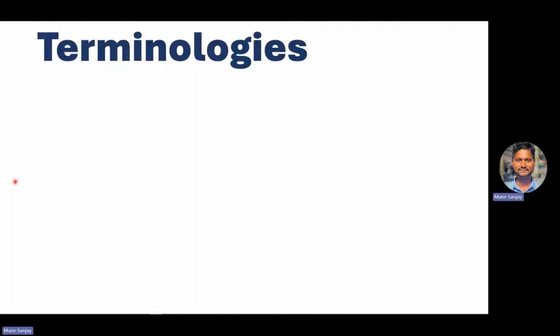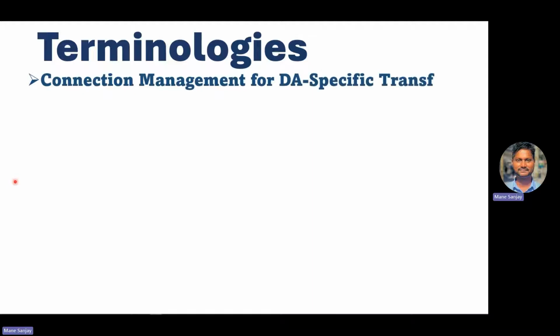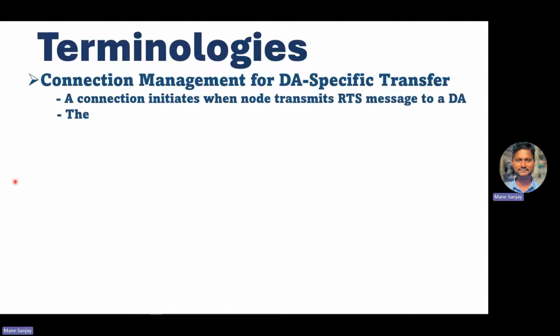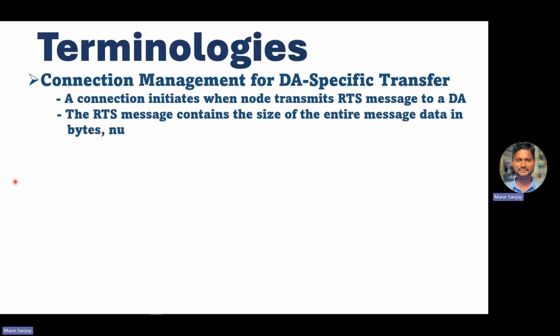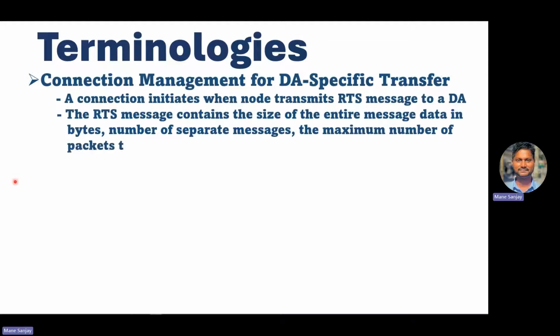So let's talk about connection management for the destination address specific transfer. The connection initiates when the node transmits a request to send message to a destination address. The request to send message contains the size of the entire message data in bytes, the number of separate messages, and the maximum number of packets that can be sent in response to one clear to send.